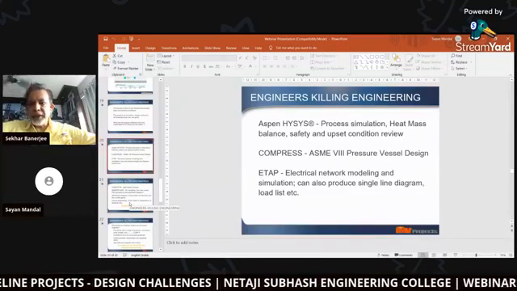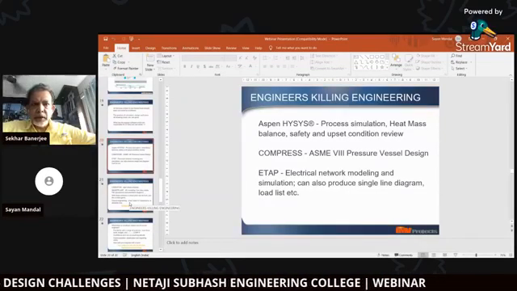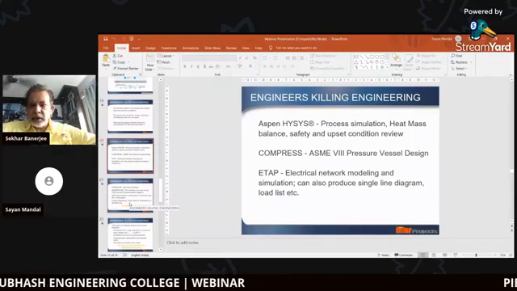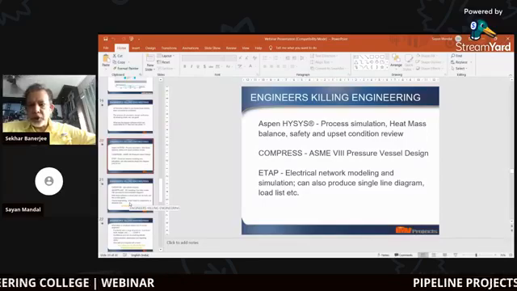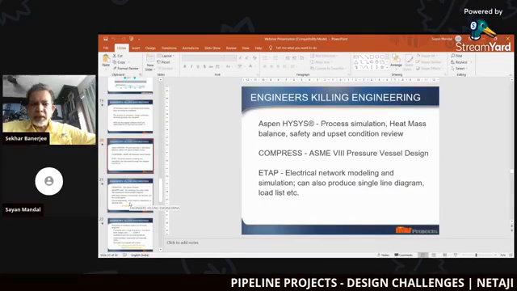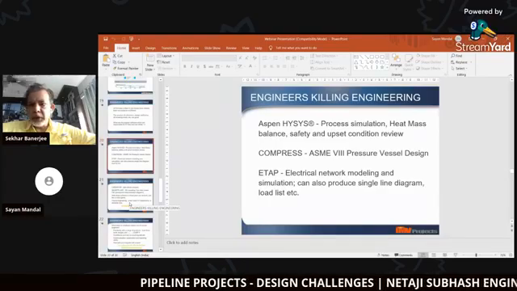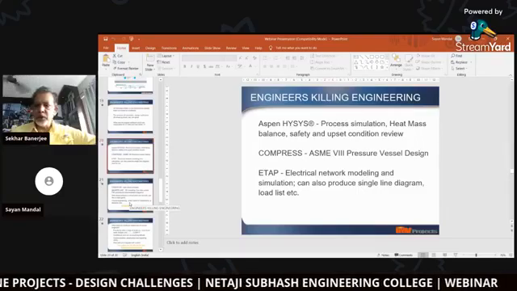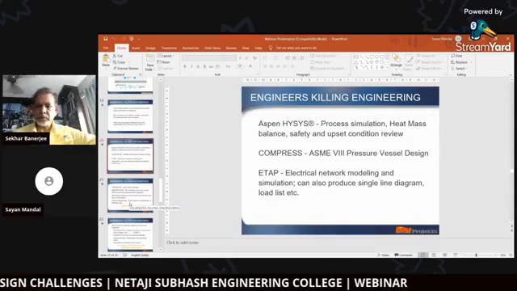For mechanical engineers, COMPRESS is a very important software. It does ASME Section 8 pressure vessel design. I'm not sure whether you are familiar with ASME 8, but if you are, that's the key document, probably the only document that all engineers in the world follow for designing a pressure vessel.